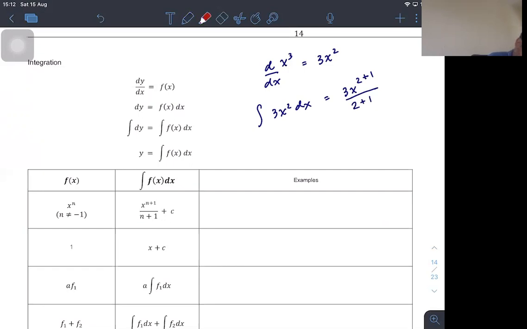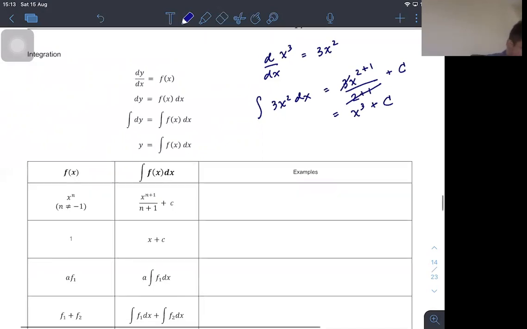I'm doing that according to this formula. Here I add an unknown constant c. And what we should get back is, 3 can be cancelled, and we get x to the 3 back with some unknown constant.